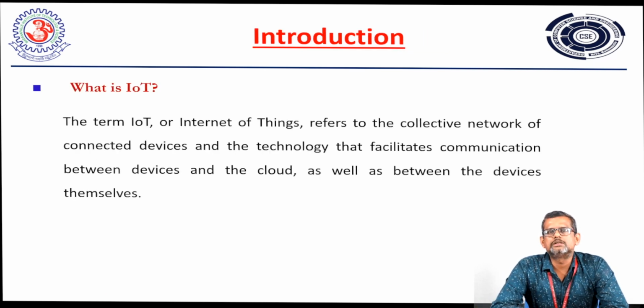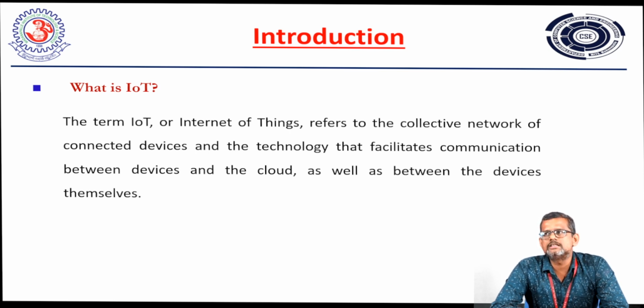So here comes the definition. What is IoT? The term IoT, or Internet of Things, refers to a collective network of connected devices and technology that facilitates communication between devices and the cloud, as well as between the devices themselves. From this definition itself we can understand it's a collective network of devices. Previously all devices were ad hoc. Now we connect all the devices over the internet or over a network using some technologies.